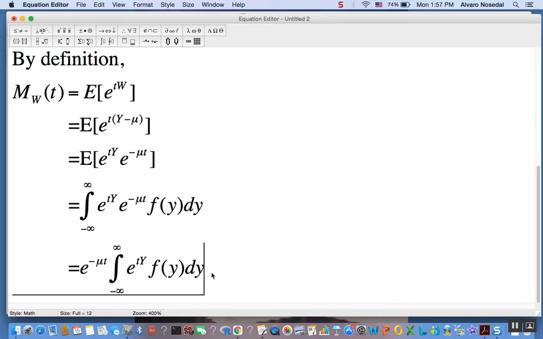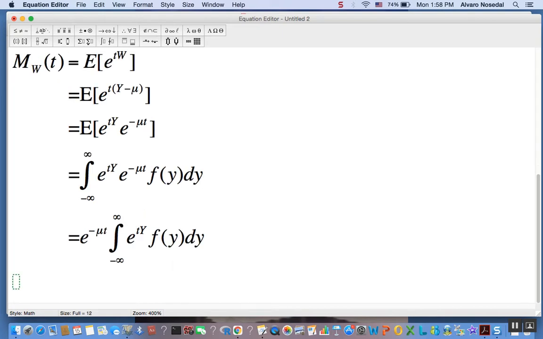There. Okay? But now, take a look at this expression. It's the integral from negative infinity to infinity of e to the power ty times the PDF. That's just the expected value of e to the power ty, right? So let me write that down. This is the expected value of e to the ty.